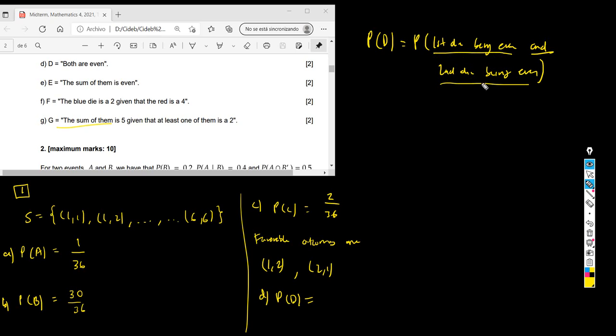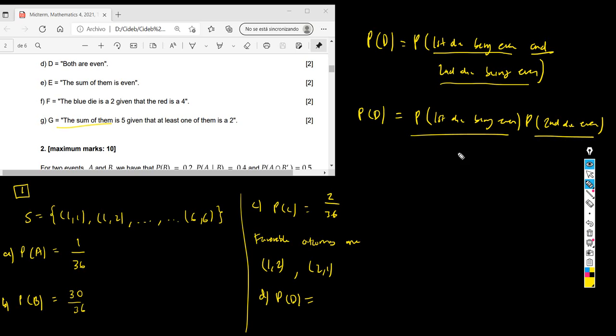So the probability of D can be understood as the multiplication: the probability of the first die being even times the probability of the second die being even. And we know how to calculate each of these. It's just 1/2 for each of them. So the probability of D, both dice are even, is 1/4.